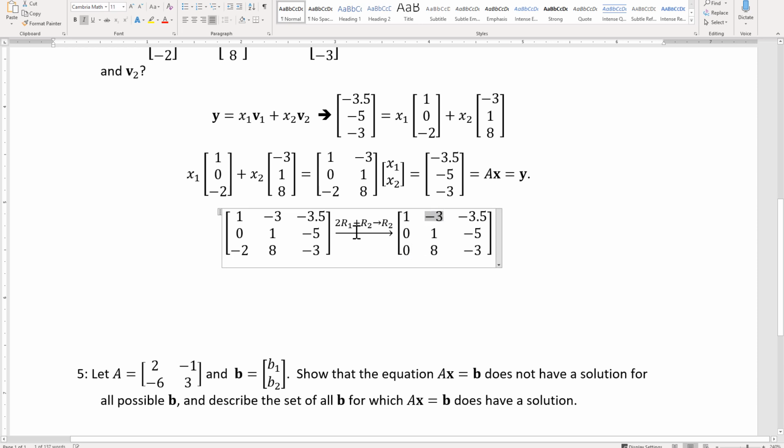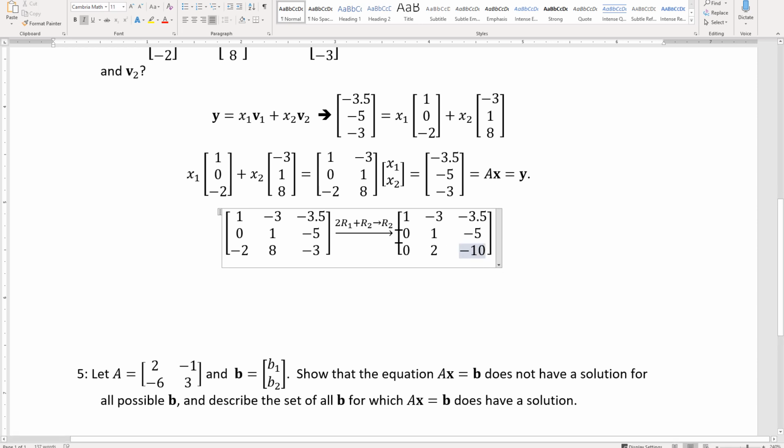Negative 3 times 2 is negative 6. Negative 6 plus 8 is positive 2. And negative 3.5 times 2 is going to be negative 7. Negative 7 minus 3 is negative 10.